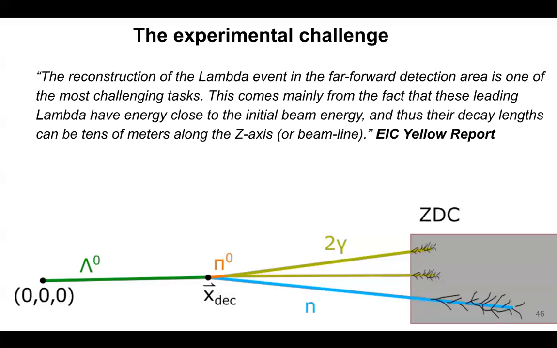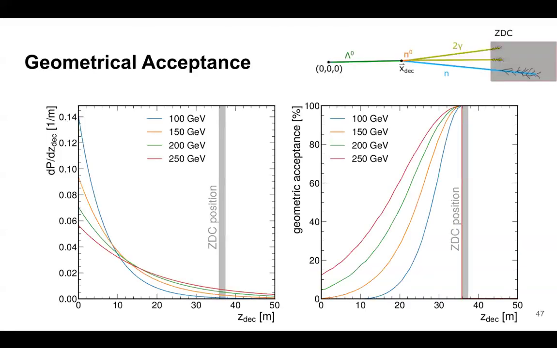And you can have at the end a neutron and 2 photons coming from the decay channel, with a branching ratio of about 30%, where you have a neutron and 2 photons from a pi 0. Those might end up in the ZDC. But the main difficulty is that you have this displaced vertex, and that messes up your ability to reconstruct the mass. So we've looked into exactly how we might be able to do this.